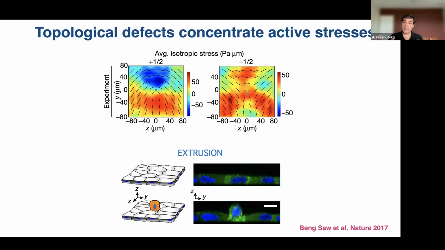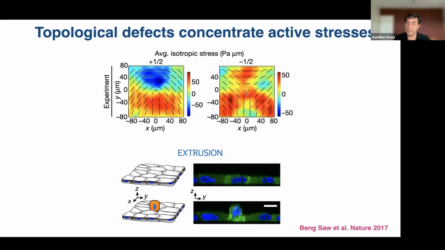Why is that interesting? Because you have a stress pattern that is compressive at the defect and probably pushes the cells up. So you can connect the stress pattern generated by the contractility of cells and their specific organization around the defect, and a phenomenon that depends on the force, the compressive stresses, which is extrusion.